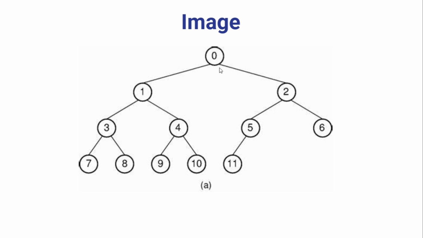Like I said, edges are just connections between nodes in a tree, like how 0 and 1 are connected. Then paths are sequences of connected edges. So 3 is connected to 1 and 1 is connected to 0. So you can say there's a path from 0 to 3.